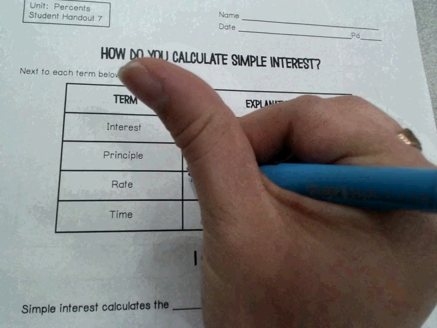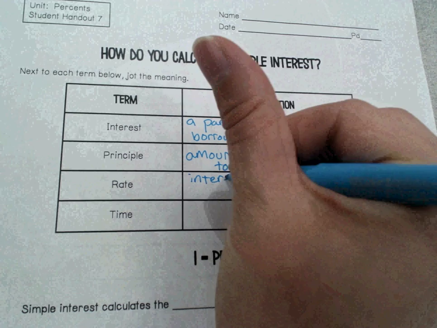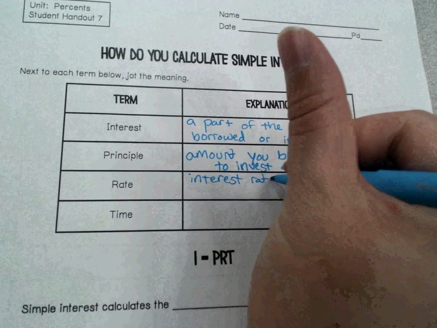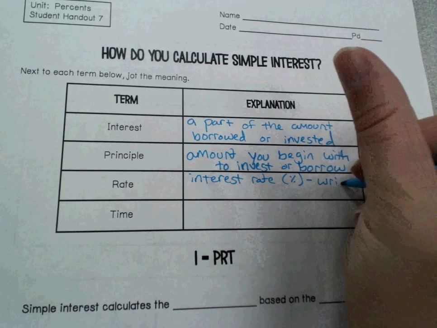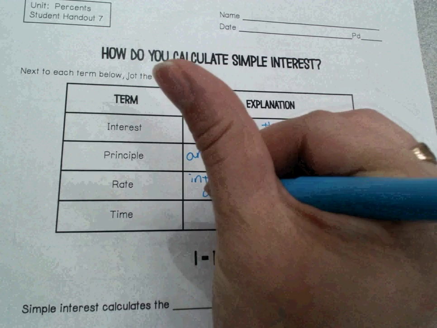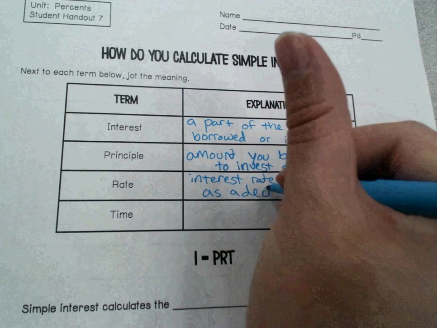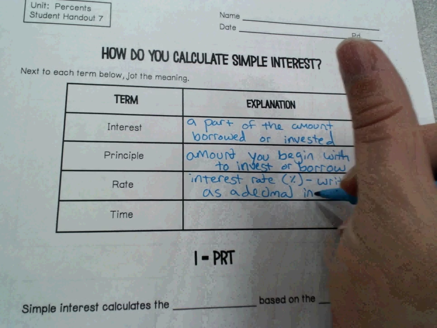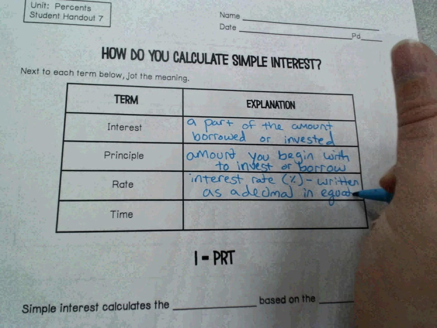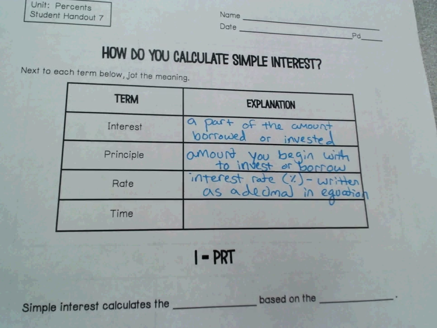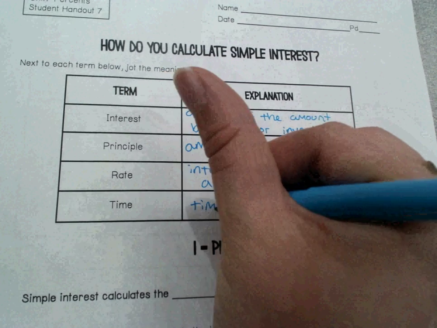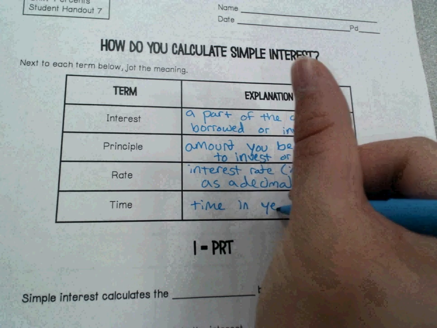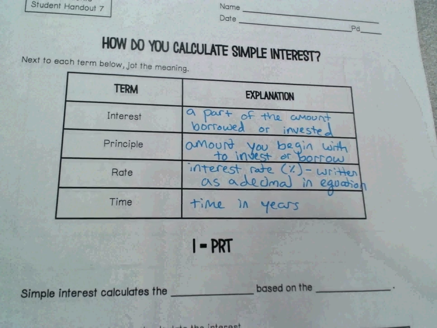The rate is an interest rate, and it's always a percentage, but it needs to be written as a decimal in the equation that we're going to be looking at. And then time is always in years when we're looking at these.